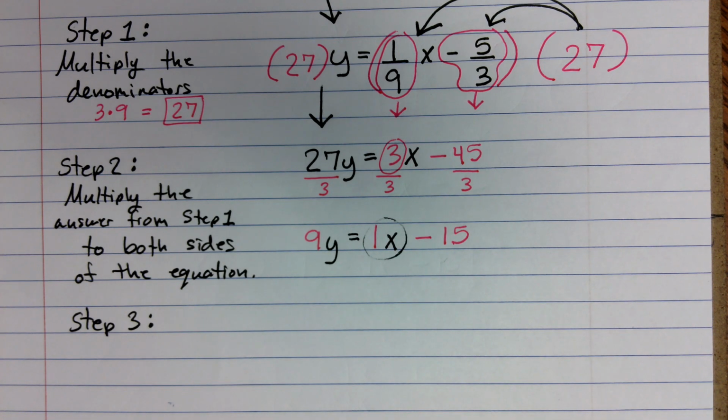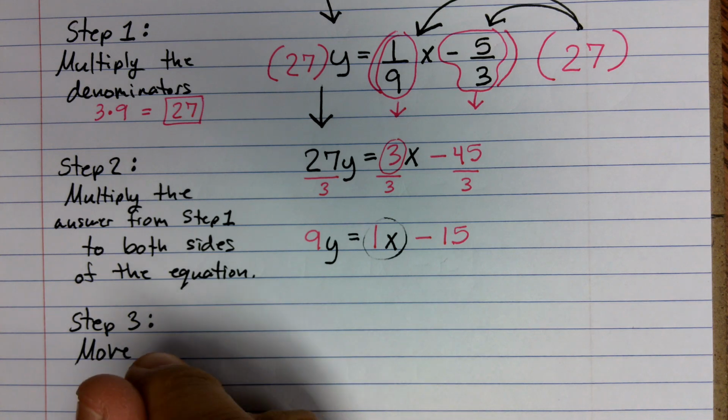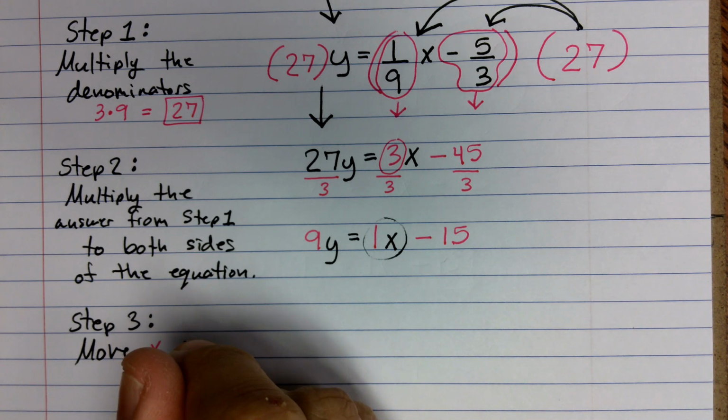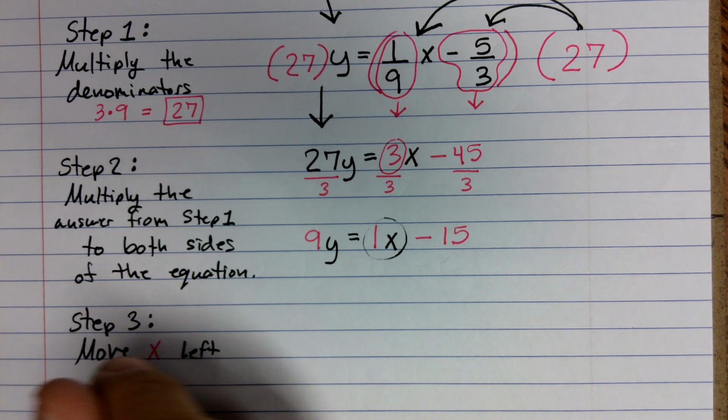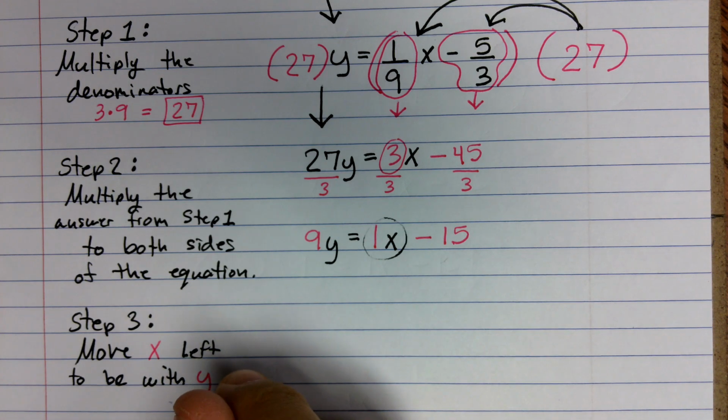So we are going to need to move it. So for step 3, I'm going to put on there, move x left to be with y. So we're going to get them together.